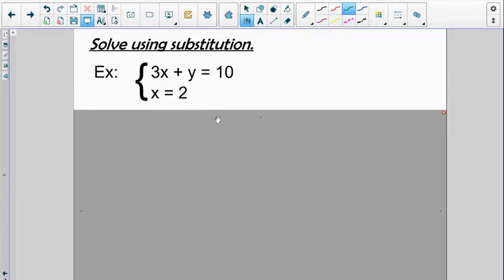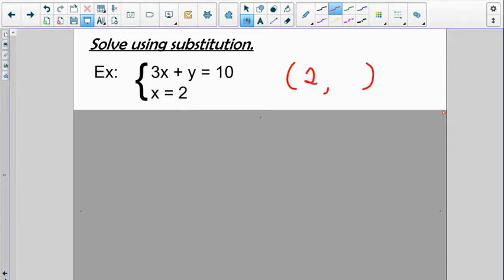That's already giving us part of our solution, because remember, a solution to a system is an ordered pair, an x value and a y value that makes both equations true. So instead of solving by graphing, this one is actually going to be pretty straightforward and simple to do if we just use this idea of substitution.